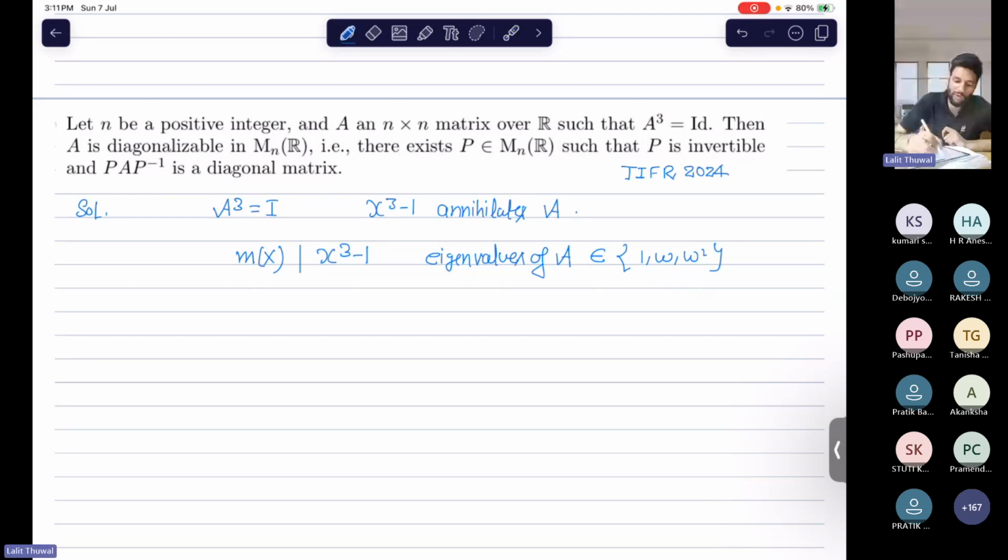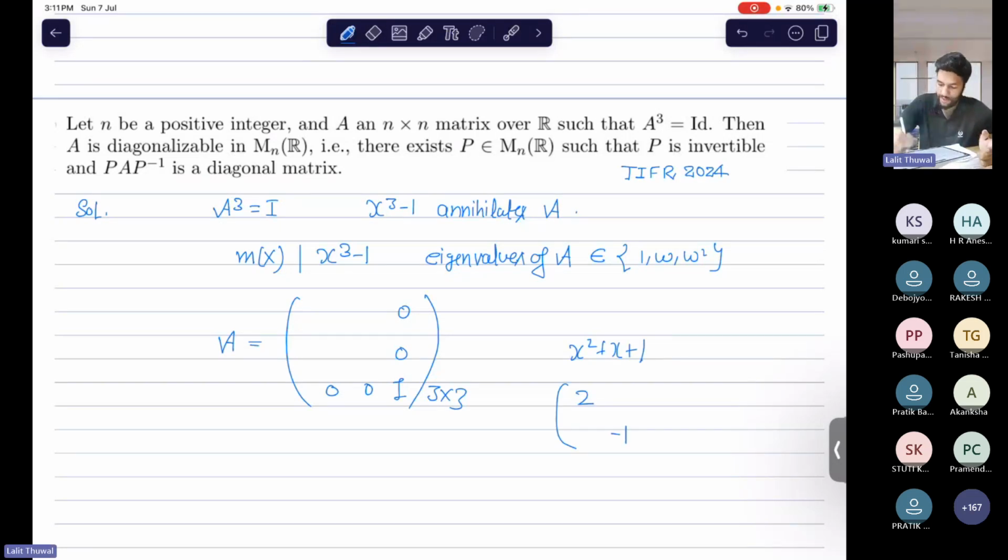So how do you construct it? Let me construct like this: take a 3 cross 3 matrix, put 1 here, 0, 0, and put a block with eigenvalues omega and omega square. So we can make that, right? How to make that? The polynomial x square plus x plus 1, so a matrix with determinant 1 and trace minus 1.